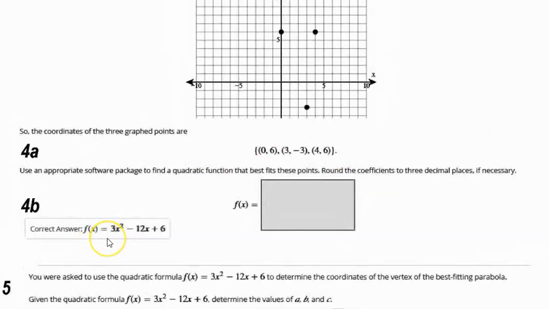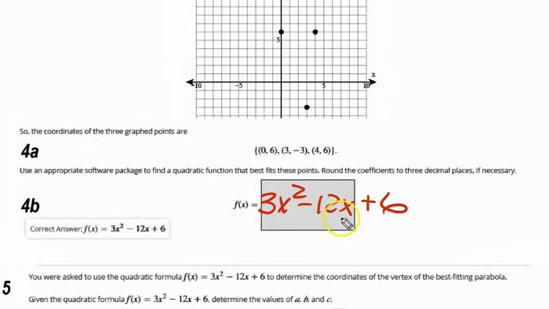And the resulting function form of the quadratic equation would be this. I've done this one and gotten the answer 3x squared minus 12x plus 6. And that's all they're asking here.